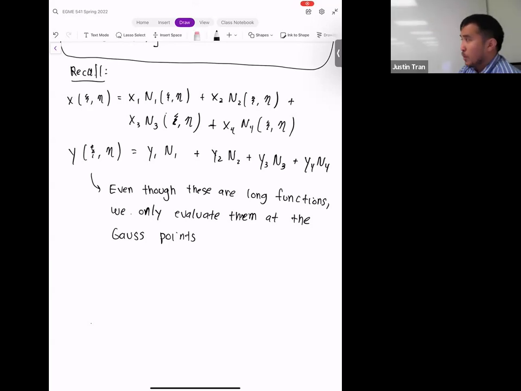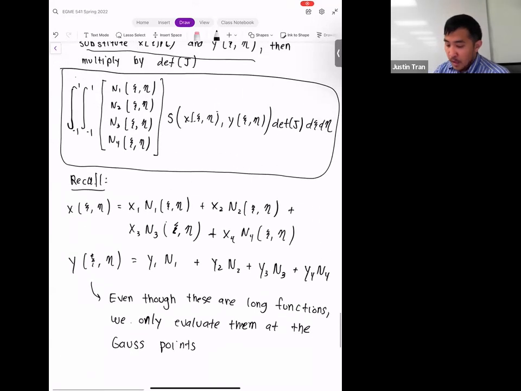And we'll go over that once we go over the algorithm as well. But that's the general idea with the thermal generation function.